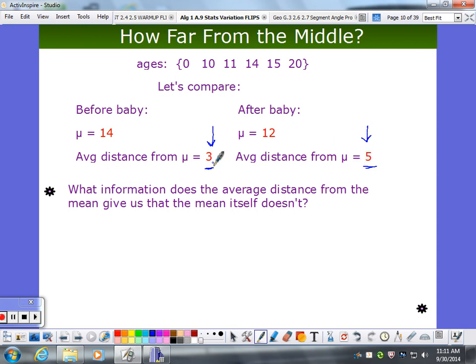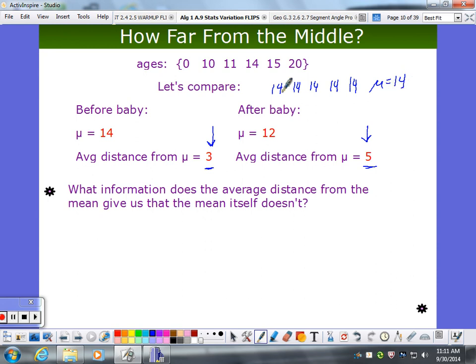Okay? So the average distance from the mean, let's say we had quintuplets and they were all the same age. Poor person, 5 babies. They all made it to age 14, right? What's the mean of 14, 14, 14, 14? 14. Let's think about average distance from the mean.